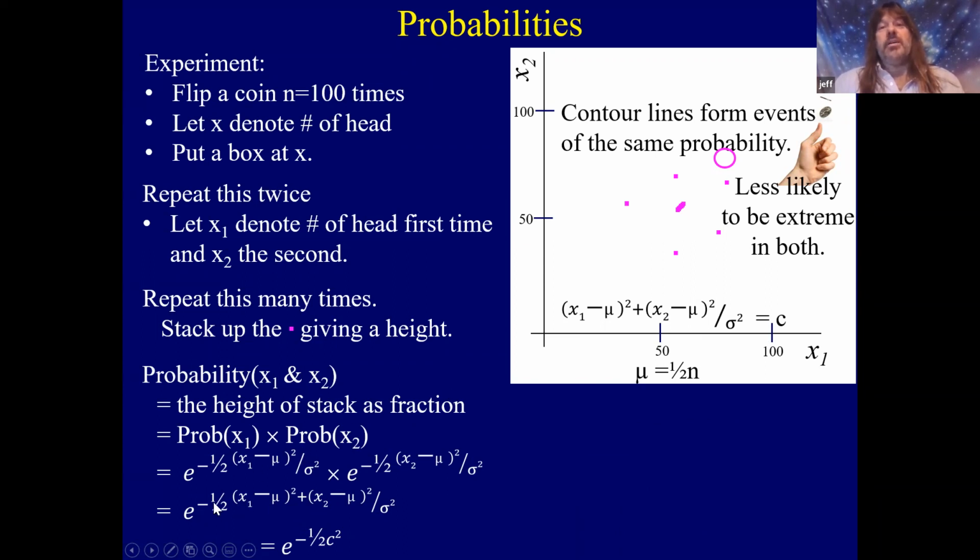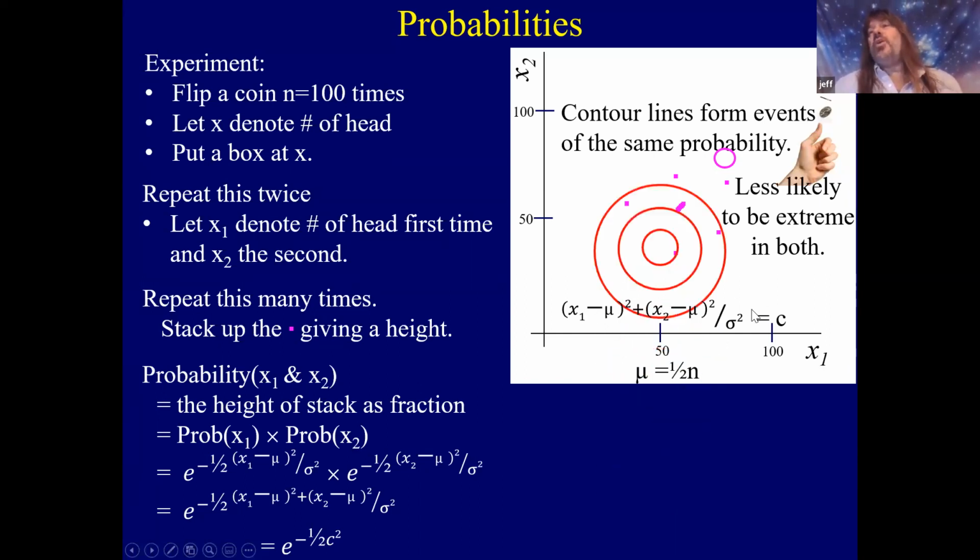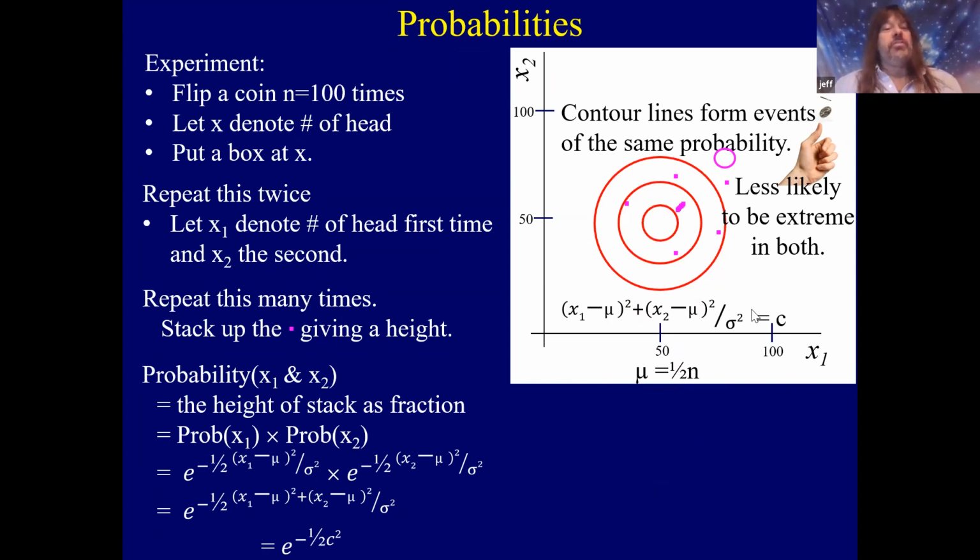Actually, I got the half on both sides, so they cancel out. This equation is the set of all x1 and x2 that have this property. And those who are good at algebra will know that that's the equation for a circle. So these circles are our contour lines.